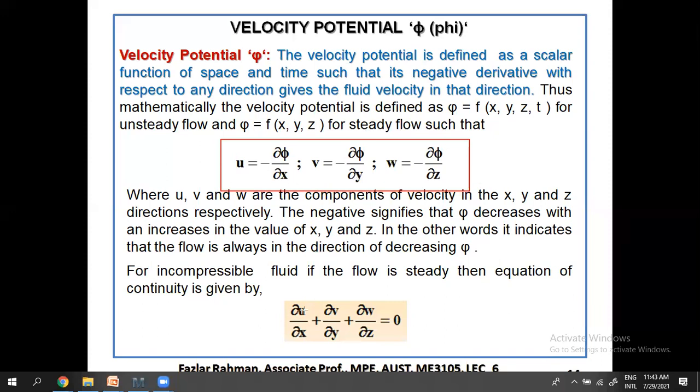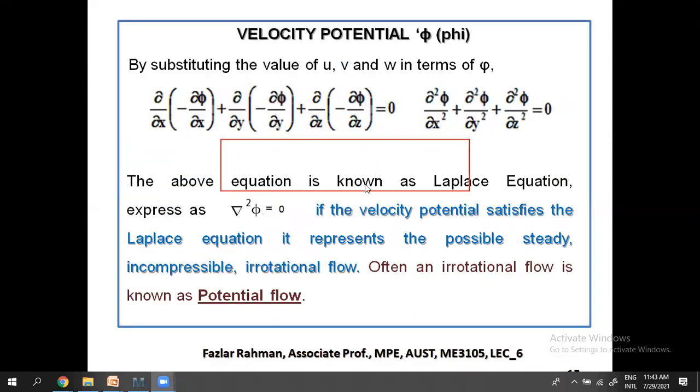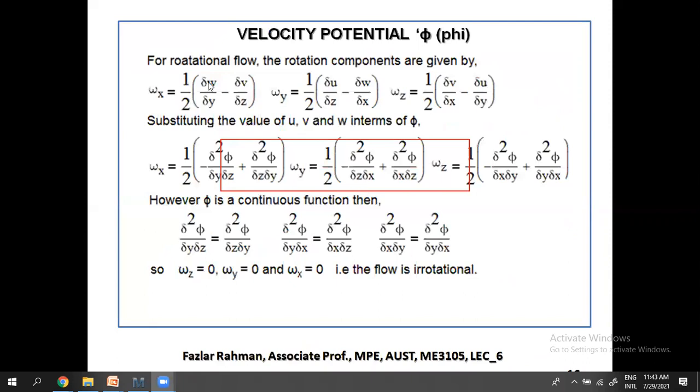So we can substitute u, v, and w by those equations. Then, for example, omega x, that means rotation around the x-axis, becomes this one.